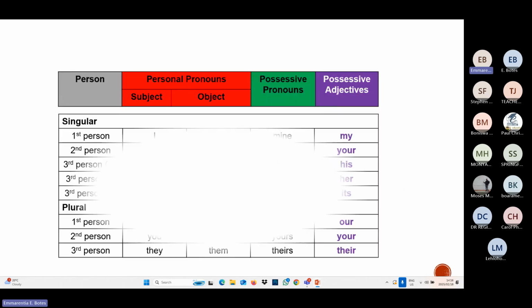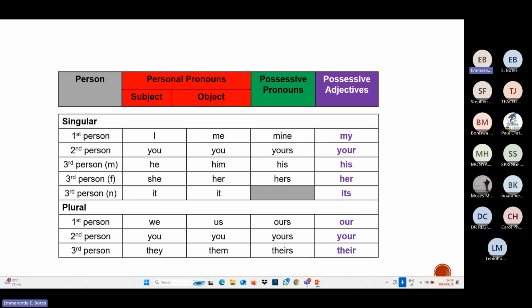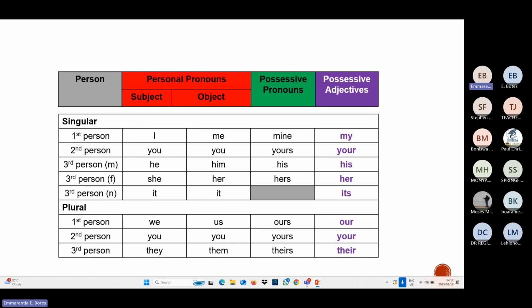Just to put that into perspective for you, if we look at the following table, we see person, and remember there's singular and there's plural. If we look at personal pronouns, there's a subject and there's an object. In the singular first person, I is the subject and me the object. In second person, the subject will be you and the object you.